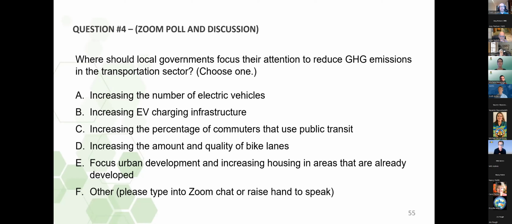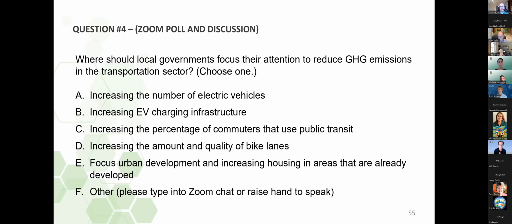So please do let us know if there are other specific things that you feel local governments should be doing that rise in prominence for you beyond these initial option choices. All right, let's see, just about two thirds of you weighed in.